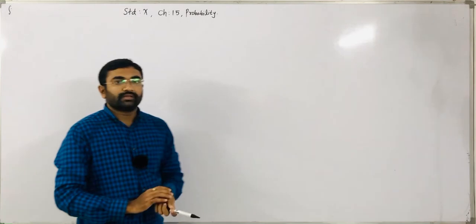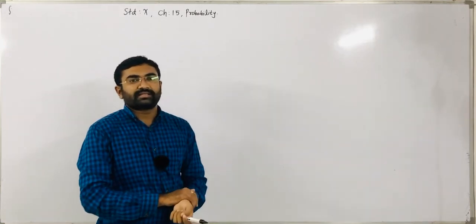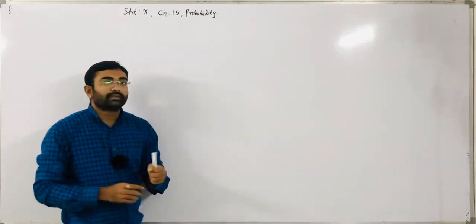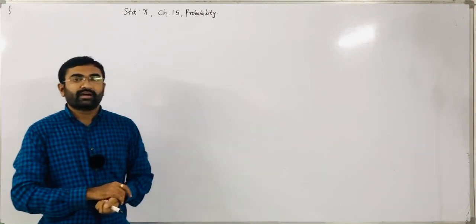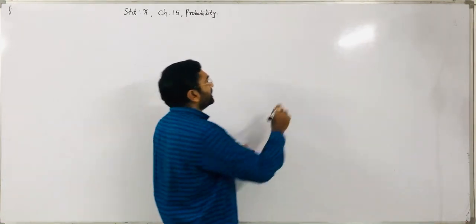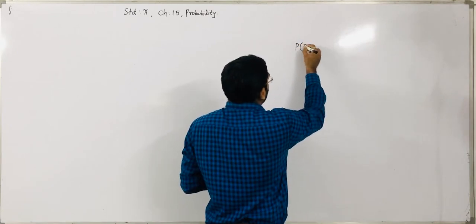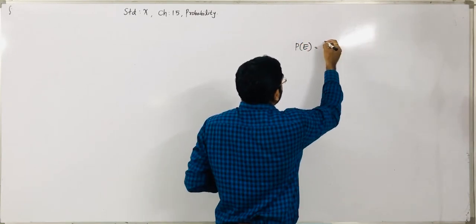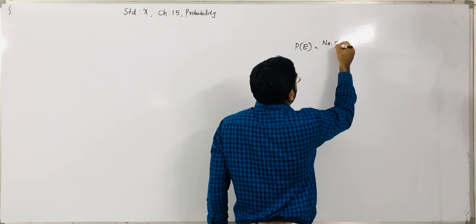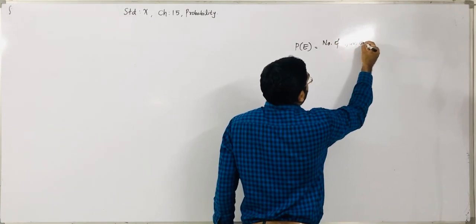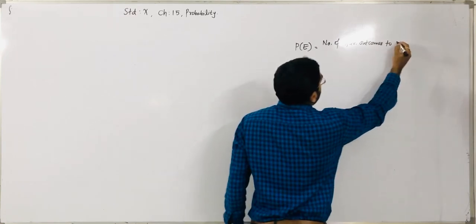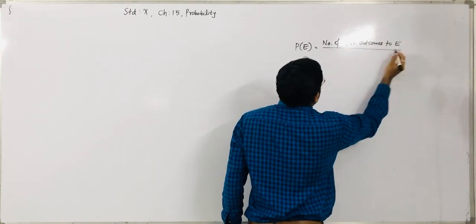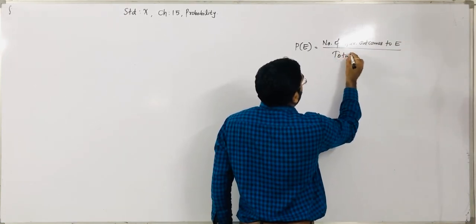In our previous period, we learned the basics of probability. We defined empirical probability, and then theoretical probability. The formula is P(E) equals the number of favorable outcomes of event E upon the total number of outcomes.